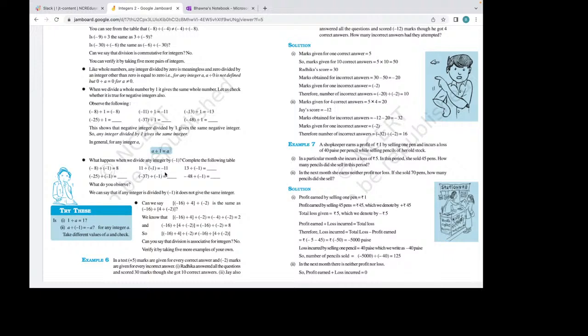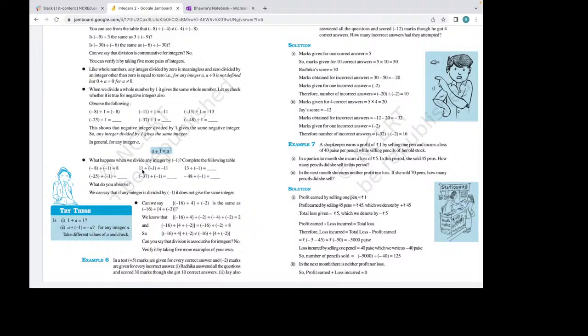Like here you can see minus 8 divided by minus 1 is equal to 8. Since both the divisor and the dividend are negative, we get a positive quotient. So when we divide a negative integer by minus 1, we get the positive integer of the same number.